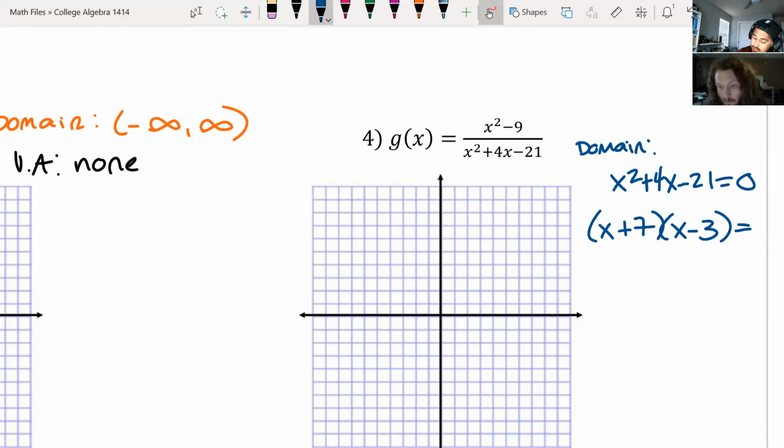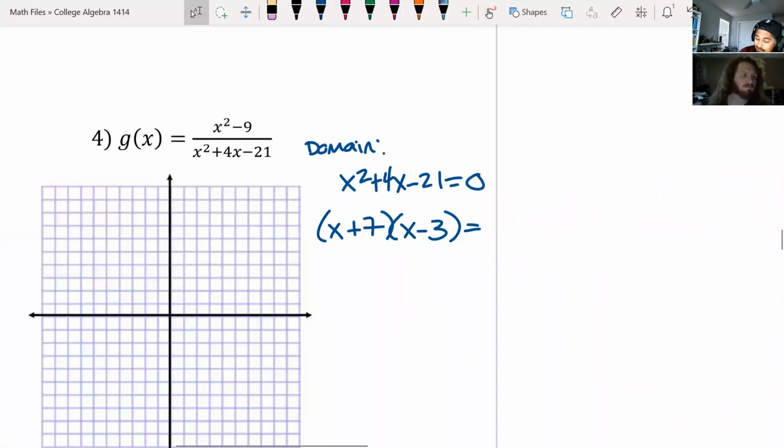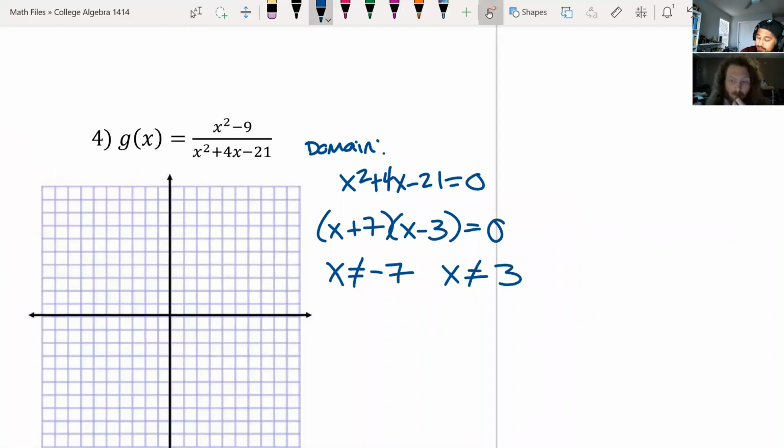Good. This means you get x can't equal -7 and x can't equal 3. So this means that your vertical asymptotes would be x equals -7 and x equals 3.